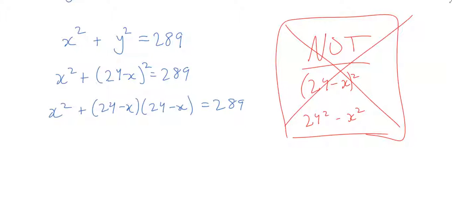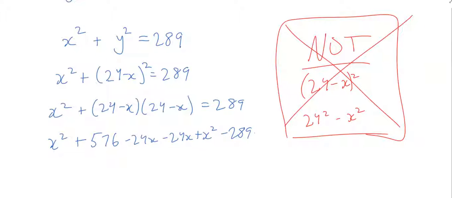So 24 times 24 is 576. Then minus 24x minus 24x. Negative x times negative x is plus x squared. I can move the 289 over.